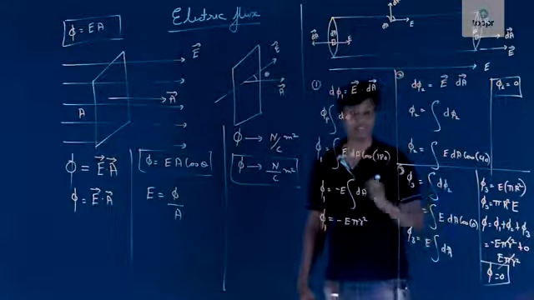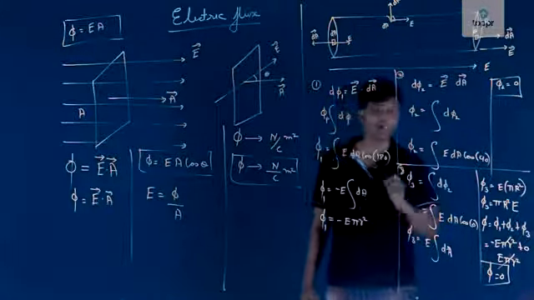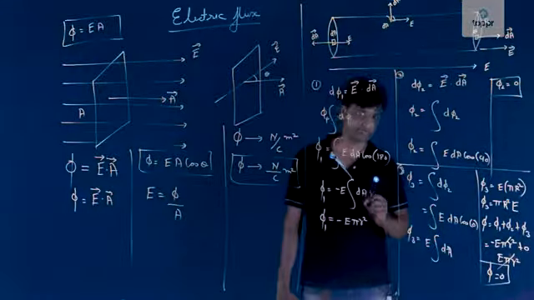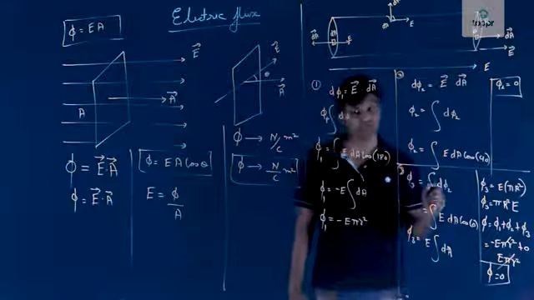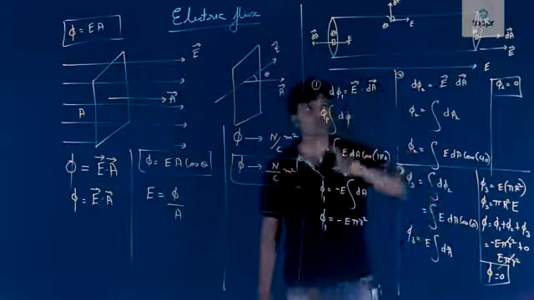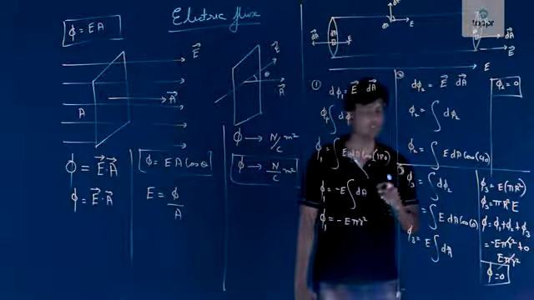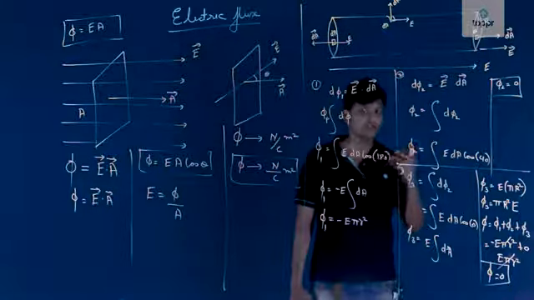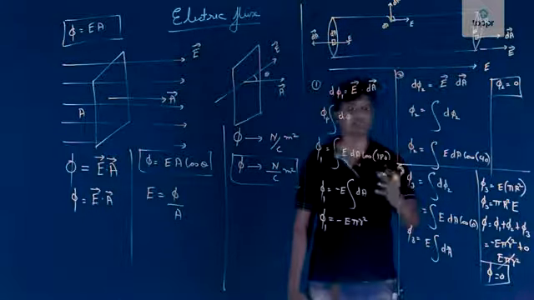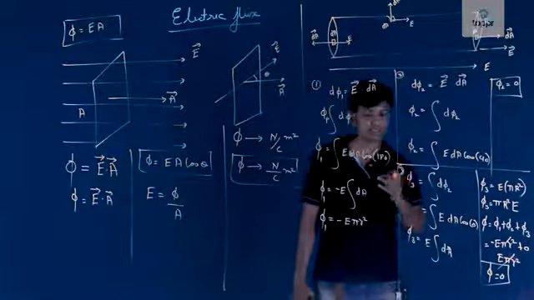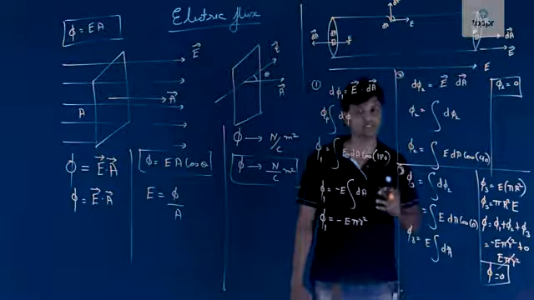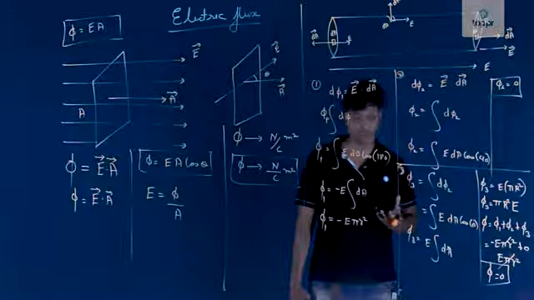And this is true for enclosed surfaces of any shape. That means if we replace this cylinder with a sphere, even for the sphere, the total flux will be equal to 0, right?